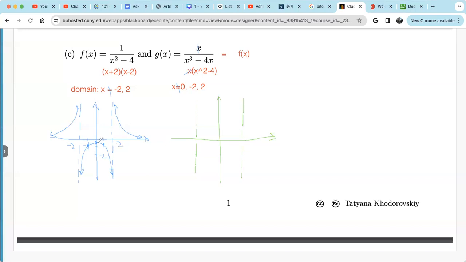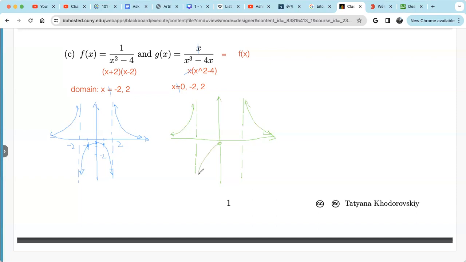And when x equals 0, supposedly from the first one, we should have -1/4. But for this one, x cannot be 0. So what happens? We have this open circle. Then the rest of the graph is the same. So only this one point is different, right?